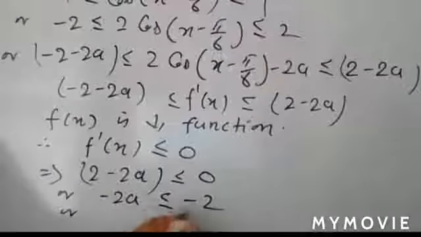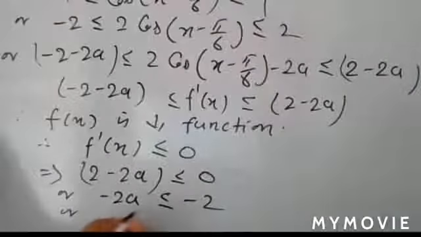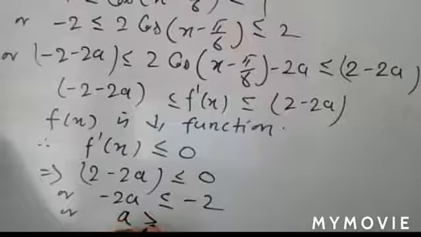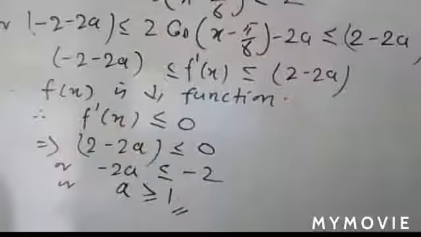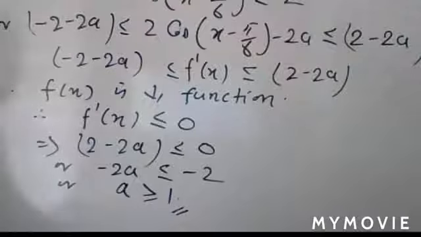So if you cancel here 2 and remove the negative sign, you have a is greater or equal to 1. So this proves your result. So here you see that if the value of a is greater or equal to 1, then the function is decreasing function. Understand? Yes, sir.